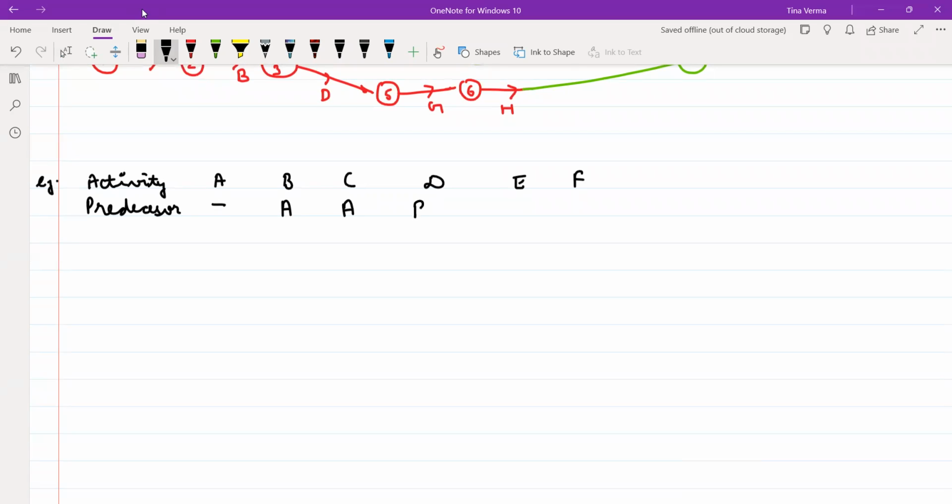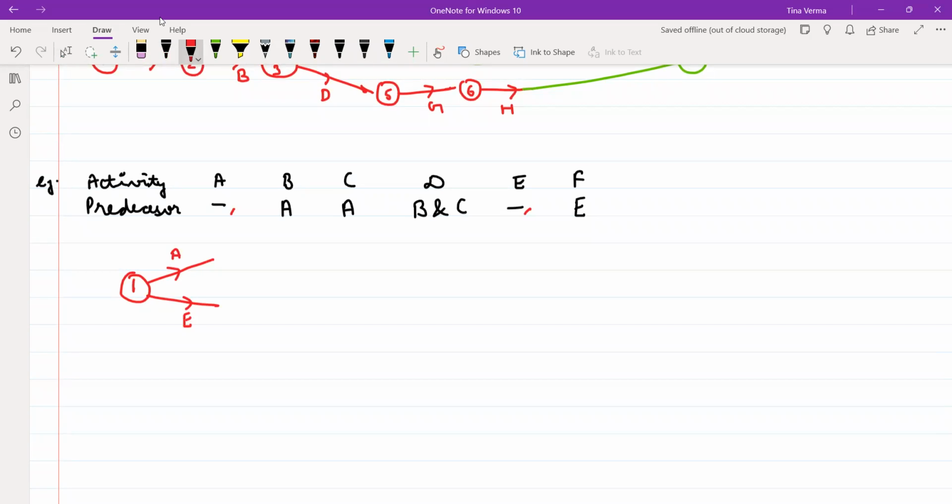For D activity, I require B and C. For the activity E, I do not require any predecessor. For the activity F, I require only E. Is it clear? Now construct the network. How can I start? This is my first node. A and E do not require any predecessor. So this is my A activity and this is my E activity.